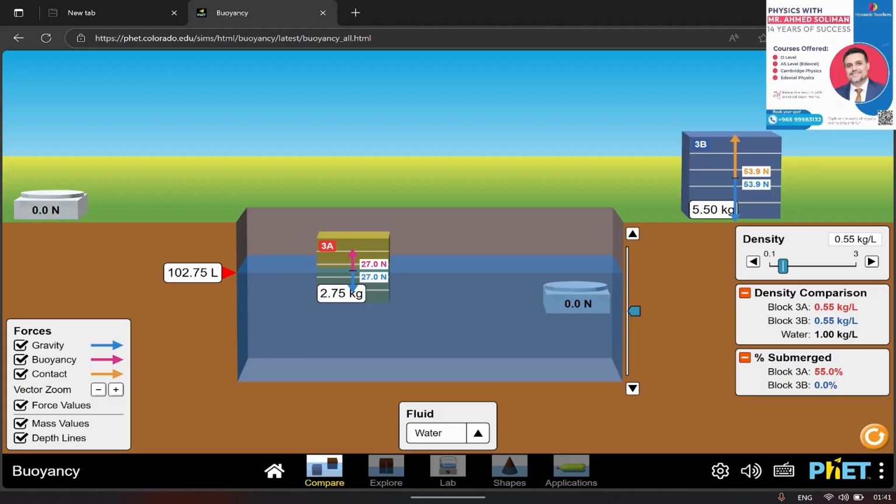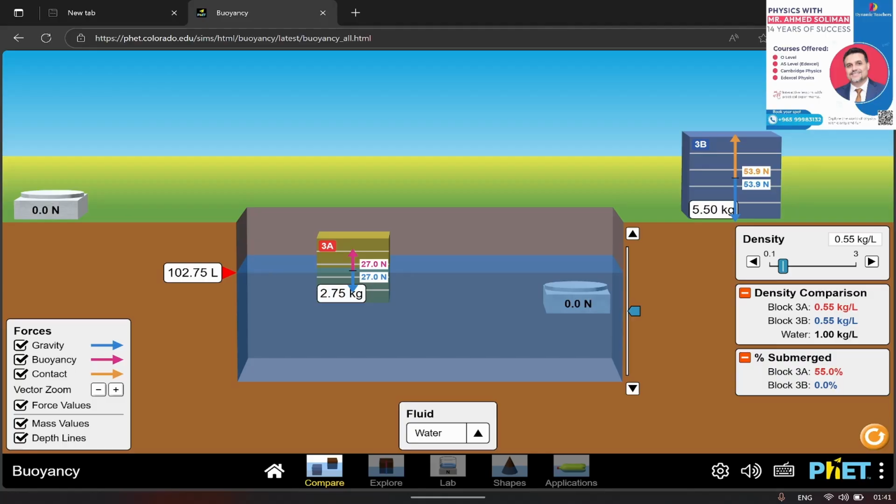And as you see, weight equals 27 newtons, and the buoyancy, the upthrust force, also equals 27, because the object is floating at rest, so force up must equal force down. So we have two forces, the weight downward and upthrust upward, and the resultant force of course will be 0.